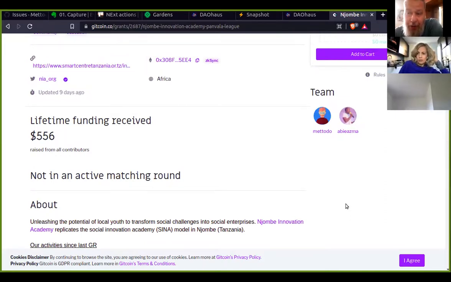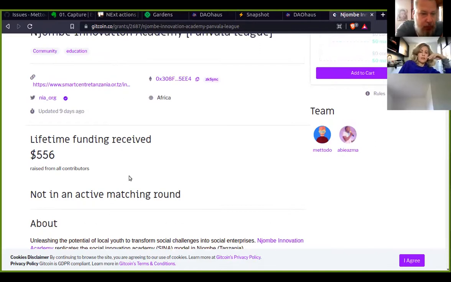It's a very huge one, for instance. Could you talk about the Panvala League a little bit for the guys here? Panvala is basically a treasury. They have a token called Pan, and basically what they do is synchronize with Gitcoin. There are four Gitcoin matching rounds every year.